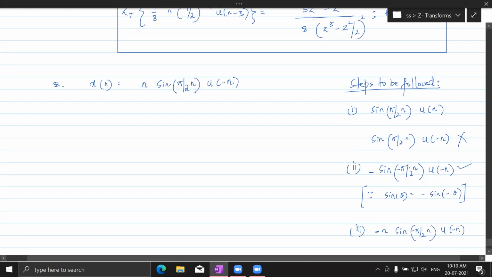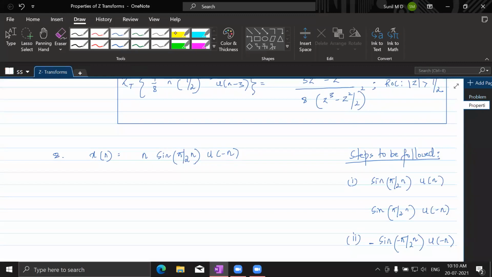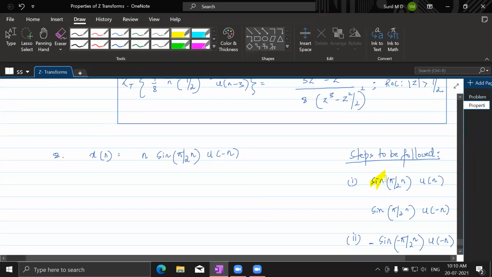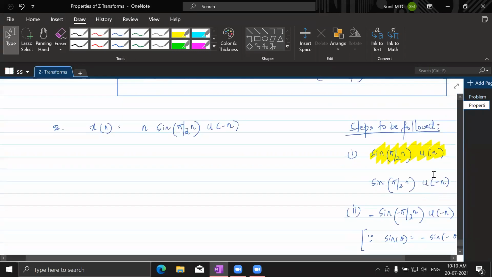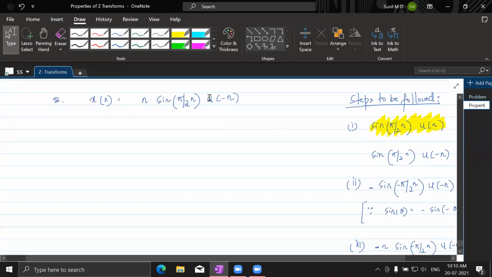I'm again giving you, the way we did it in the previous problems, the first signal to approach. Then since we have u of minus n here, here also we need to have u of minus n. That needs to be compensated by having this minus. So see here, this is the next signal you will go with.